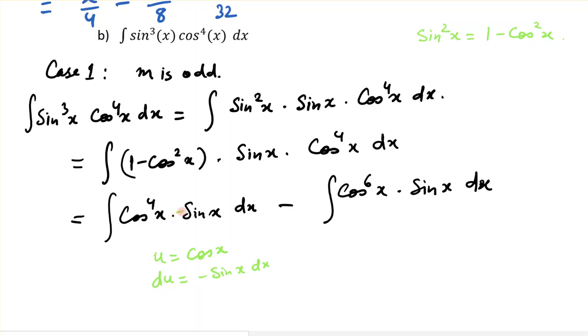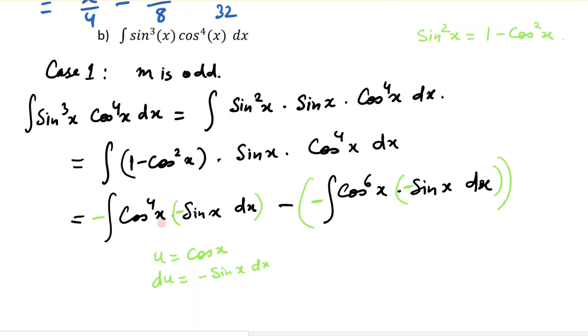So we put a negative sign here, and in order to compensate we need to multiply it outside. Similarly here we have cosine raised to power 6, so the function has some power, and then the differential should be negative of sine x dx, and we need another negative outside here.